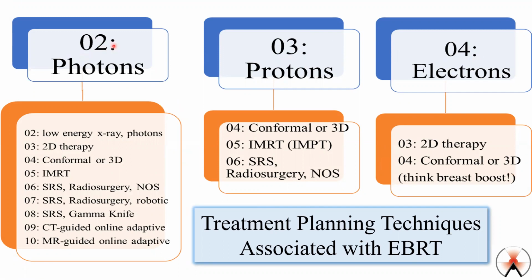So when you have a patient that is being treated with photons, you have narrowed down your list of options for the planning technique. So this is a very useful slide. You don't have to look at the whole range of options as long as you know your modality code.